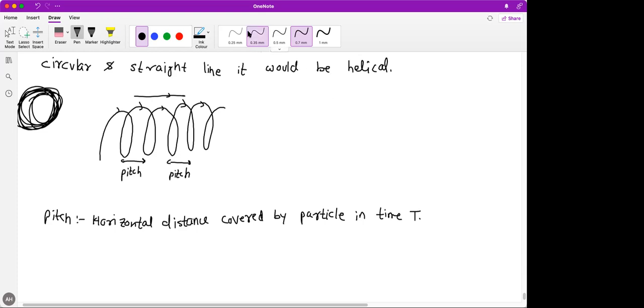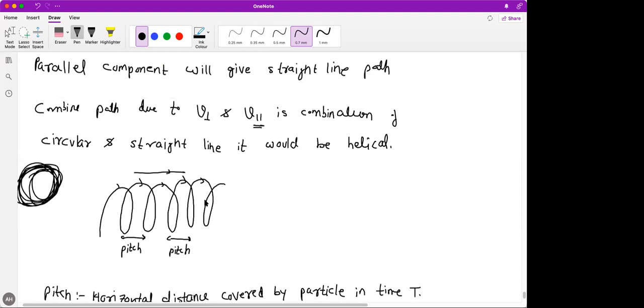So in one time period, the horizontal distance covered by the particle is the pitch. You can write pitch as v parallel multiplied by T naught, which is the parallel component of velocity into time period.